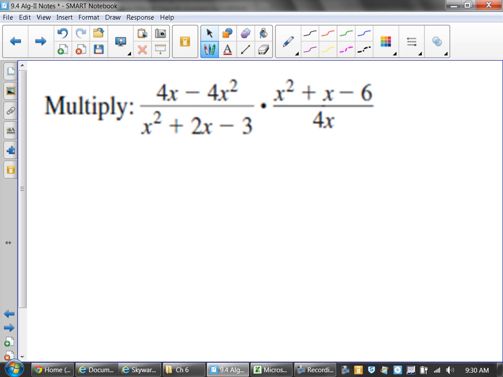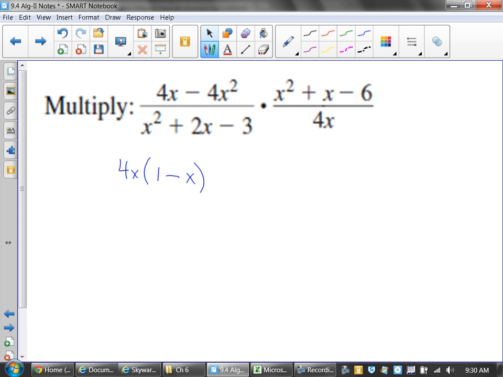So that first numerator, 4x minus 4x squared. If I'm going to factor that, what do I do? Yeah, GCF. All I can do in this numerator is take out the GCF, and I get 4x, and I'm left with 1 minus x.